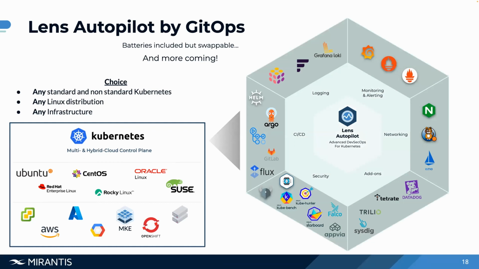So Lens Autopilot gives you choice. That's one very, very key and core component. It gives you choice in terms of the infrastructure, whether you want to use on-prem or public cloud infrastructure, right? So you have that choice of selecting your infrastructure.